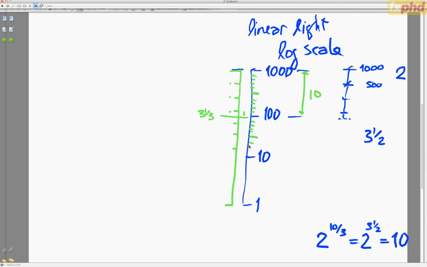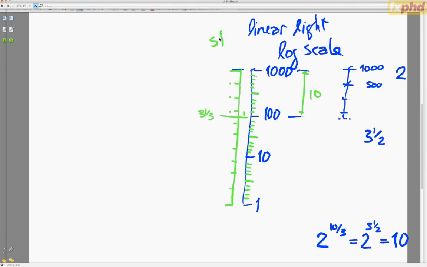There's a little trick to doing this. So 1, 2, 3 1/3. Okay, I think we've managed.